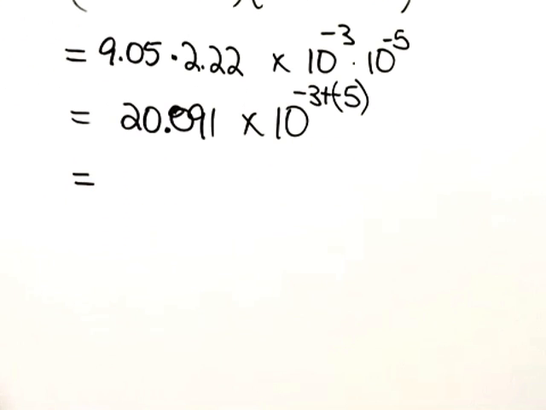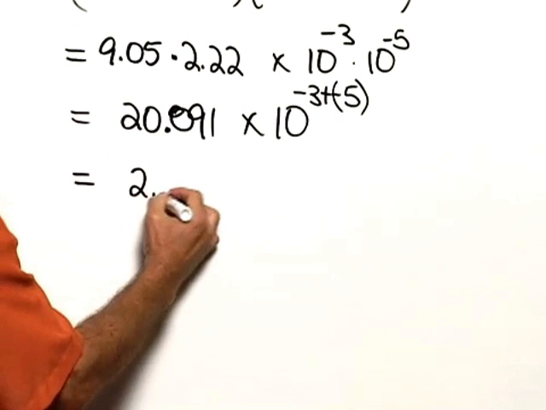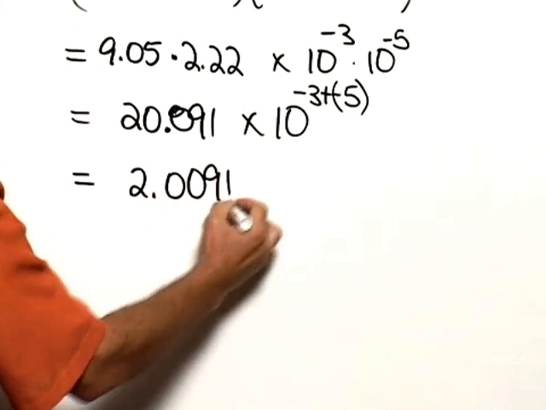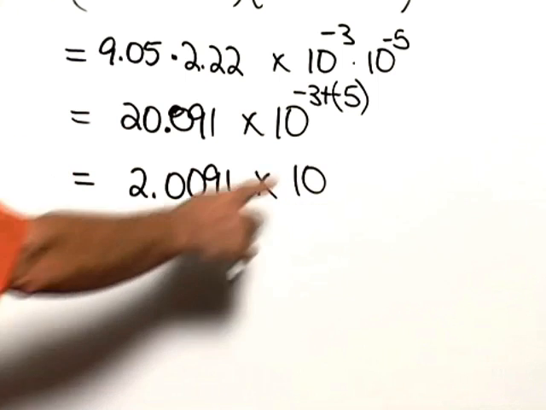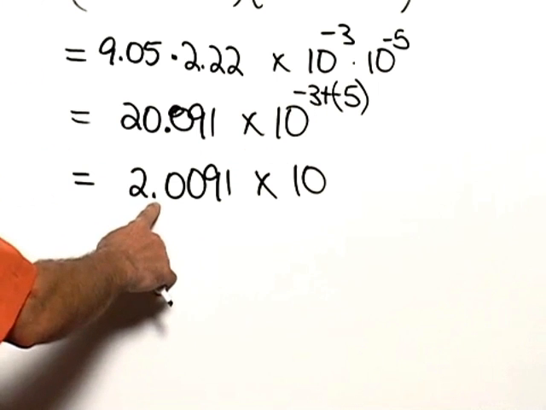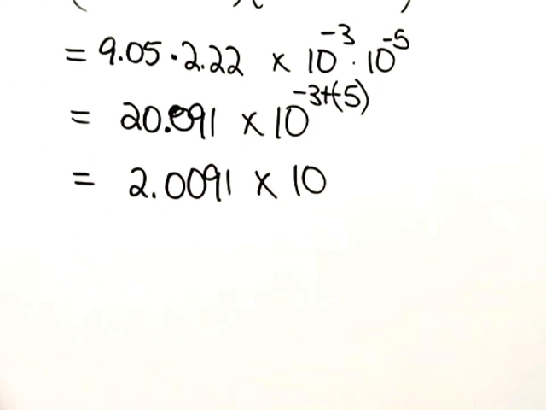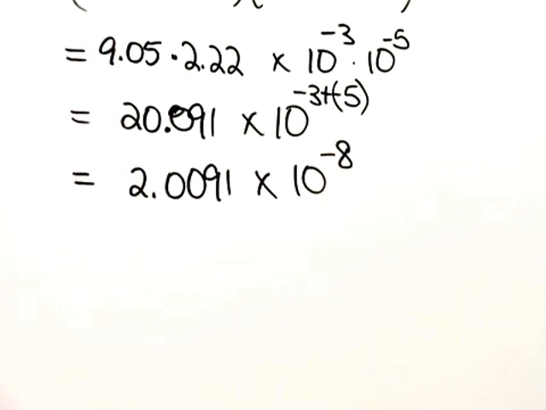And then we change this to 2.0091, then times 10, and here negative 3 plus negative 5 is negative 8, but then we also moved the decimal point one place to the left, which means we have to increase the power of 10 to negative 7.